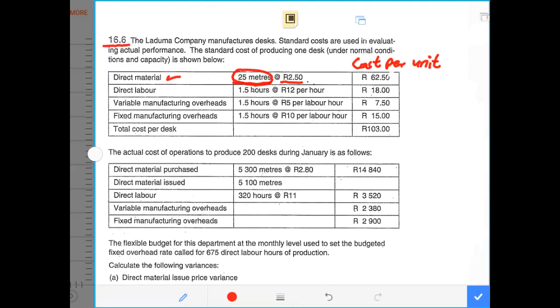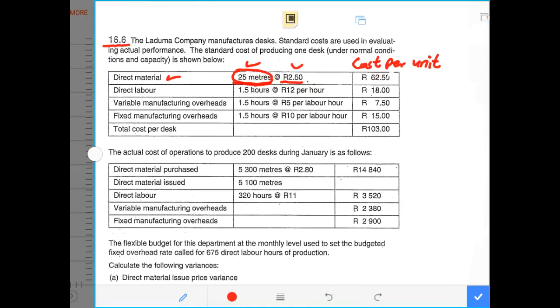Take into account the fact that when we do standard costing, or when we do variances, we deal with the units and the cost per meter, not the cost per unit. We will be using the price of 2 rand 50 cents per meter, not the 62 rand that is provided to us per unit.